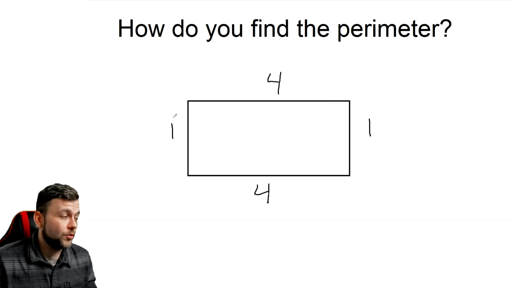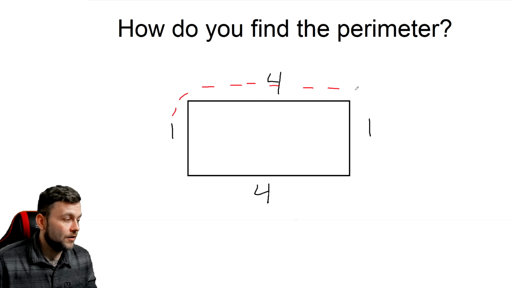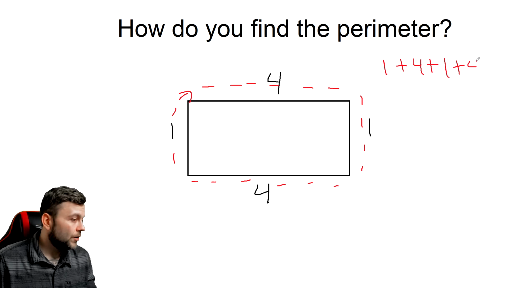To find the perimeter, we add the sides, like you're walking around the outside. How far are you going? Well, it is 1 plus 4 plus 1 plus 4.